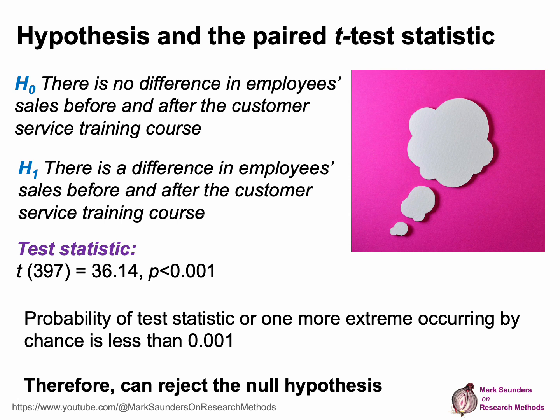On this basis, the probability of our test statistic or one more extreme occurring by chance is less than 0.01, and this means we can reject the null hypothesis because this probability is less than 0.05. That means we can state there is a difference in employee sales before and after the customer service training course.